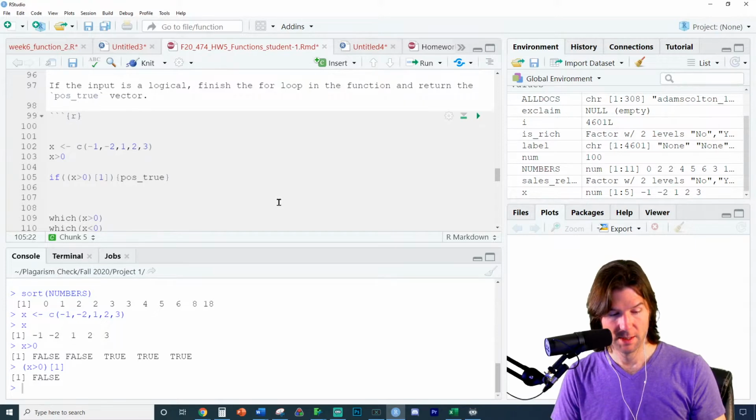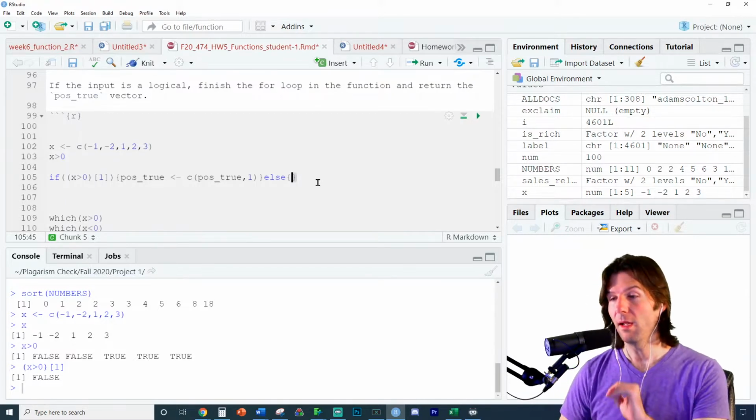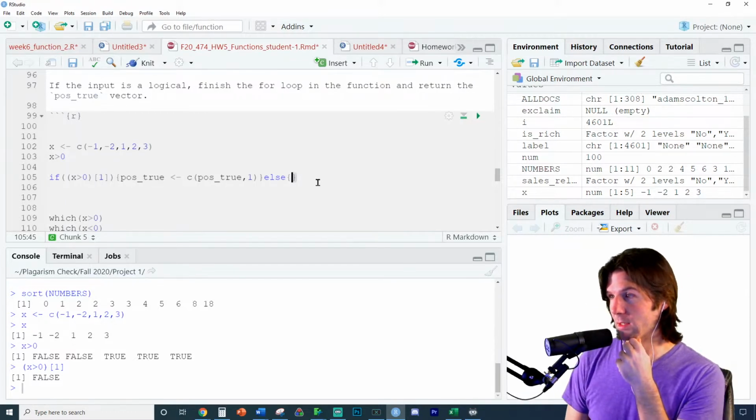We'll add to it, we'll concatenate. We'll go to position true and concatenate position true with the index and put it back on position true. We'll put onto it 1. And then else, nothing. And that's what you were saying with the not store.